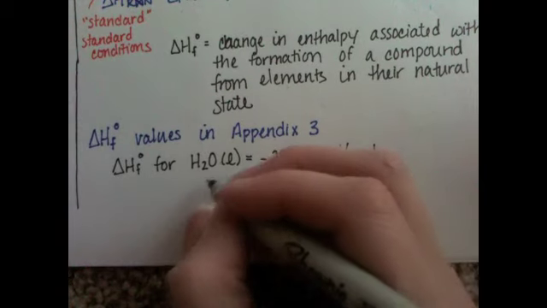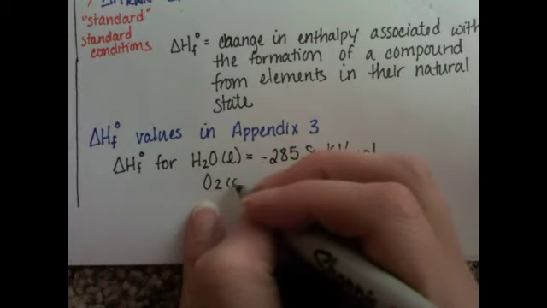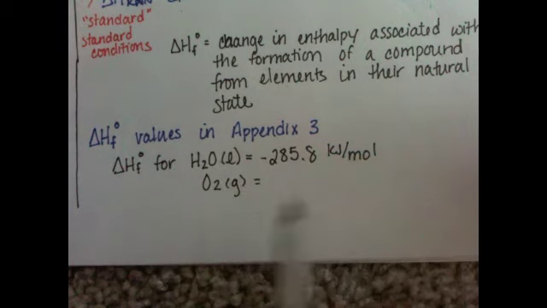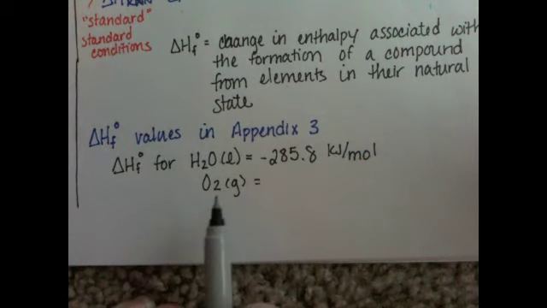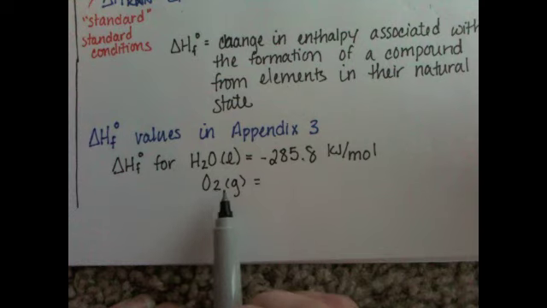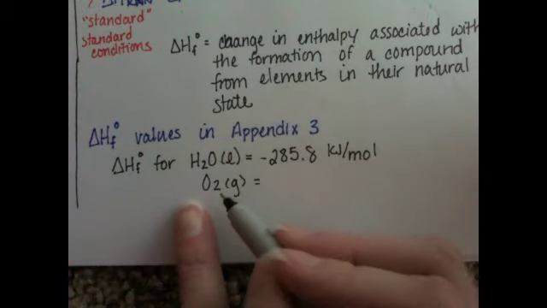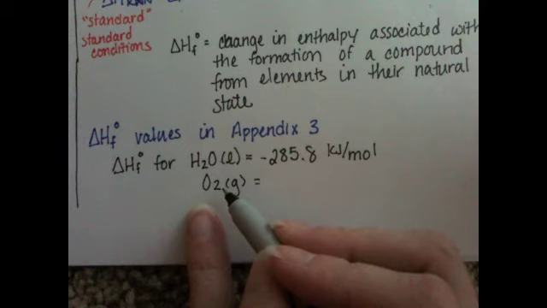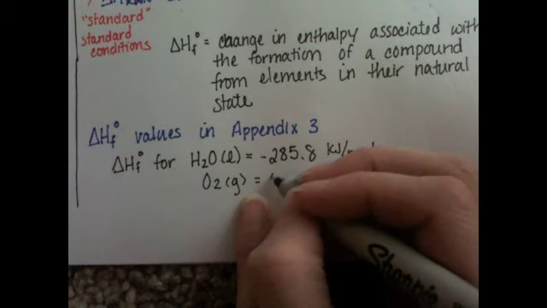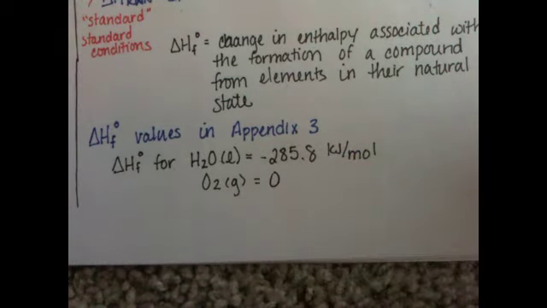Also look up the enthalpy of formation for O2 gas. That's going to be the enthalpy associated with producing oxygen gas from elements in their natural state, which is oxygen gas. The enthalpy of formation of any element in its natural state is always, by definition, 0.